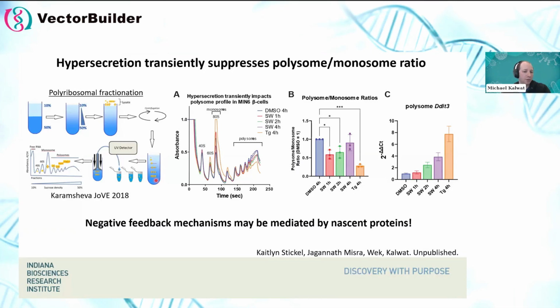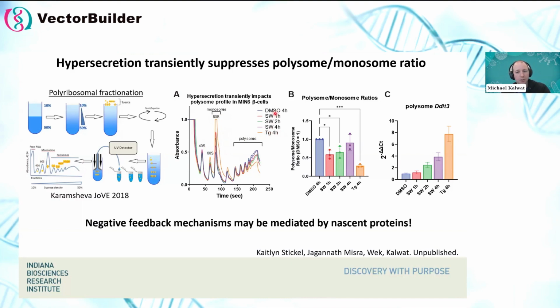And you use a fractionator hooked up to a UV analyzer, and you can then separate out the monosomes and the polysome fractions. And you can see here that worked pretty well in beta cells. And we used thapsigargin treatment as a control. You can see with thapsigargin treatment, the polysome fraction is reduced and the monosomes are increased. That's well known to occur because thapsigargin leads to translation shutdown.